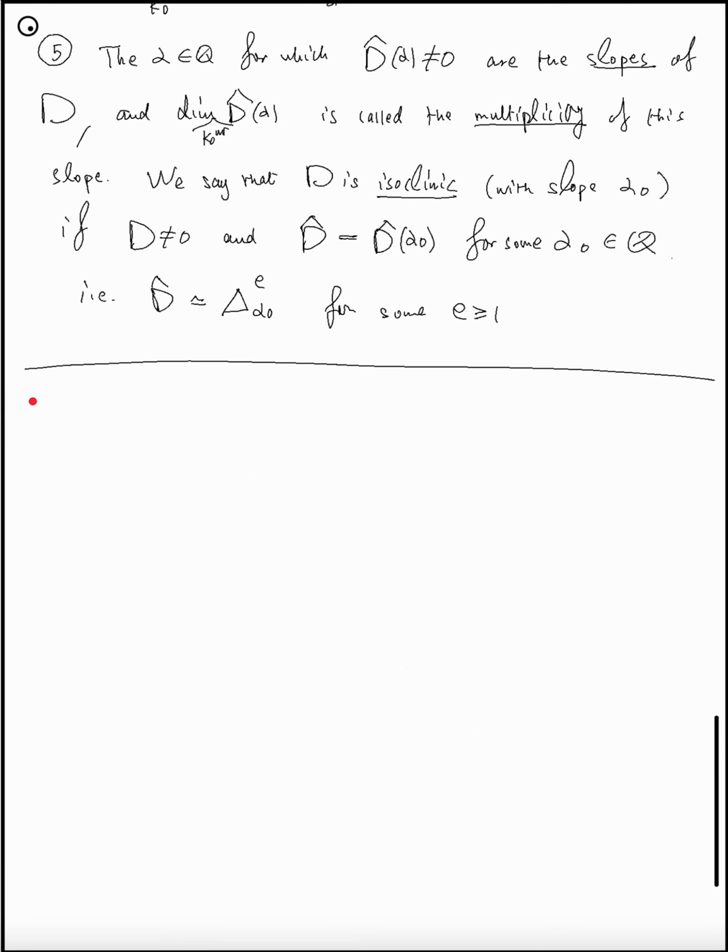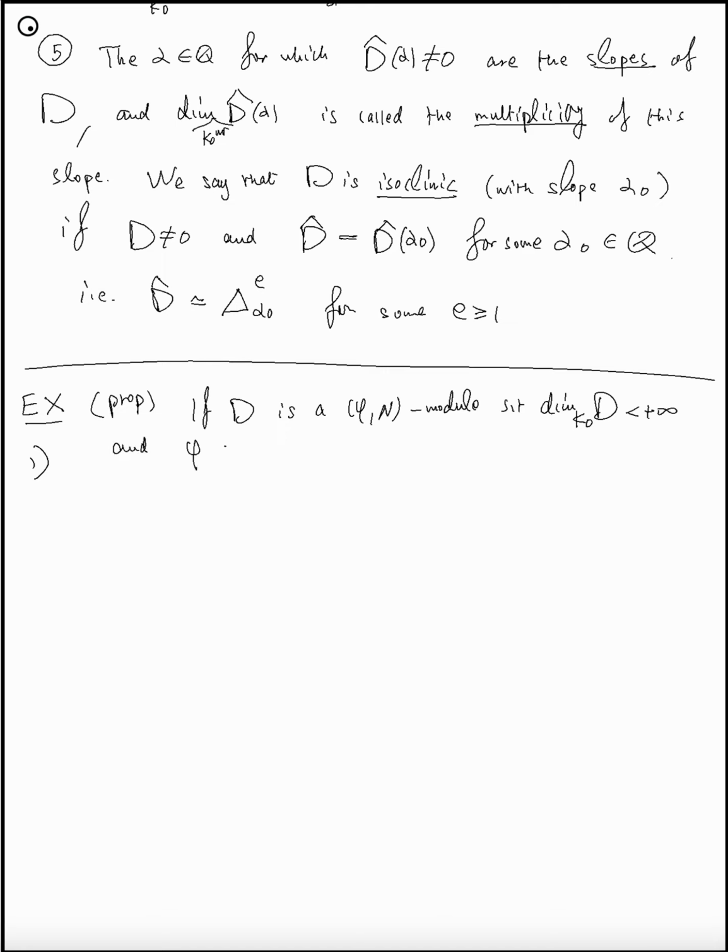So let's go to the exercise today. This is actually also a proposition. So I have two statements. So if D is a phi-N module such that as K0 vector space it has finite dimension and Frobenius is bijective.